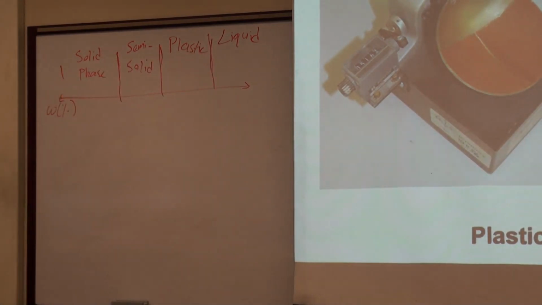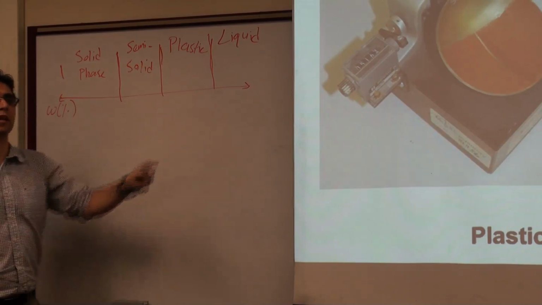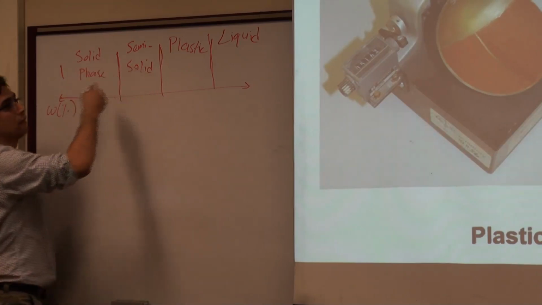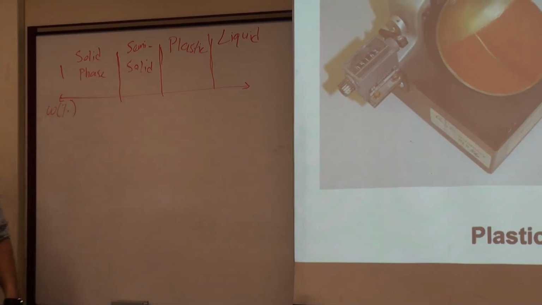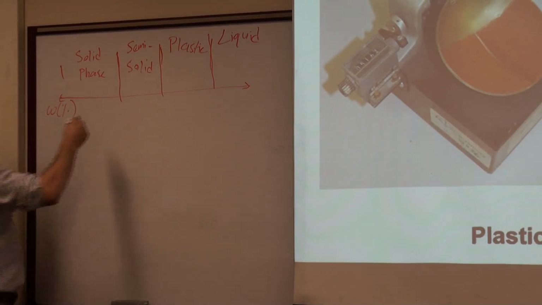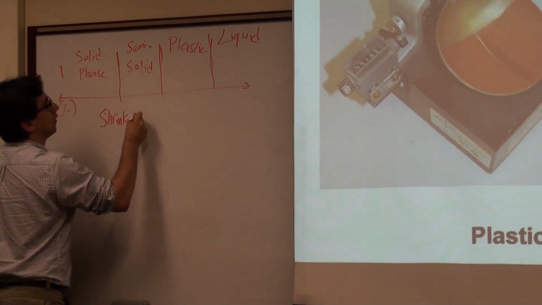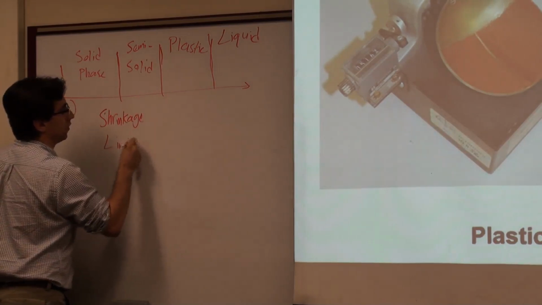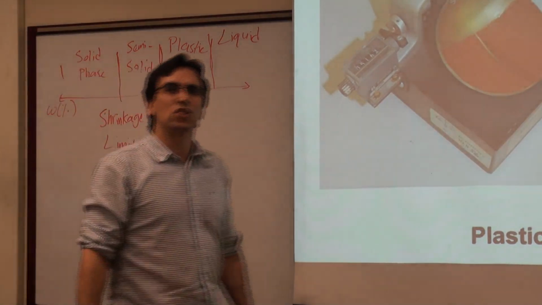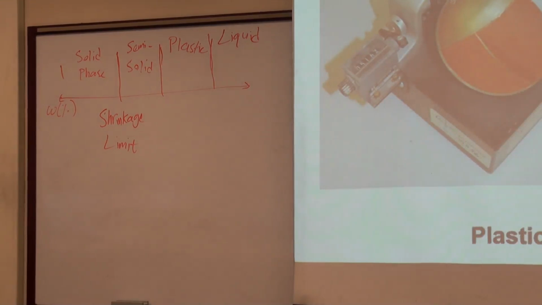Okay. The moisture contents corresponding to each boundary are called Atterberg limits. For example, from solid phase to semi-solid phase, we call it shrinkage limit. What does it mean? The shrinkage limit is the moisture content below which any change in moisture content doesn't change the volume of our soil.